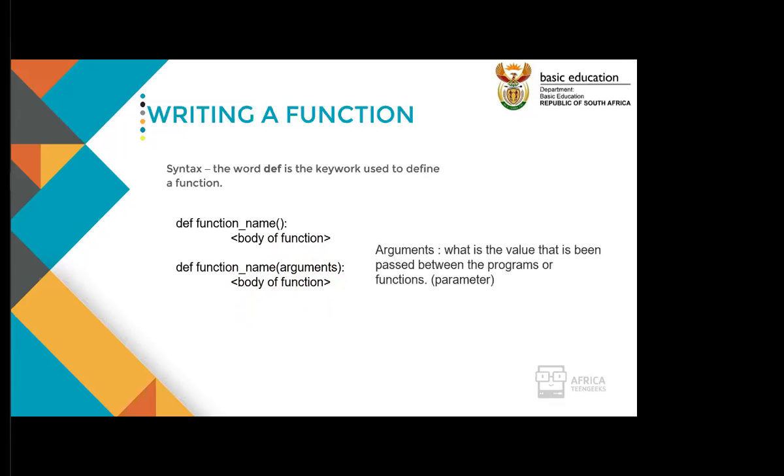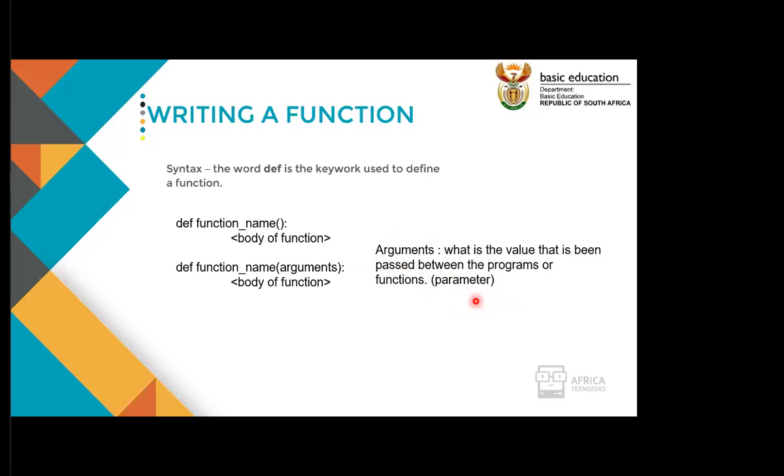And arguments is what is the value that is being passed between the programs or functions. So from one program to another program, you can send information. And if you look at other work or other books or textbooks, you'll see that they'd either refer to this as arguments or parameters, right?